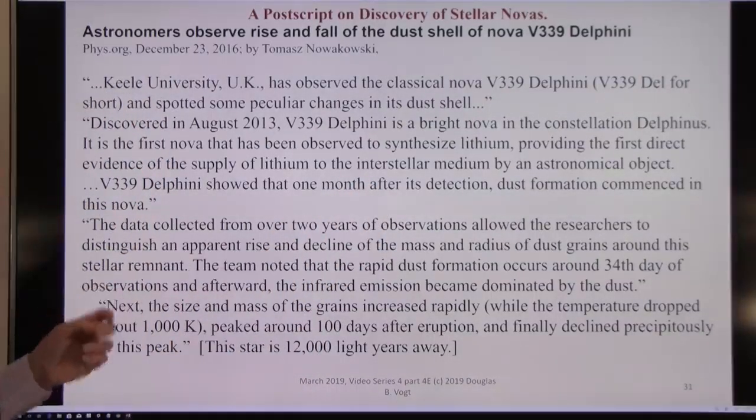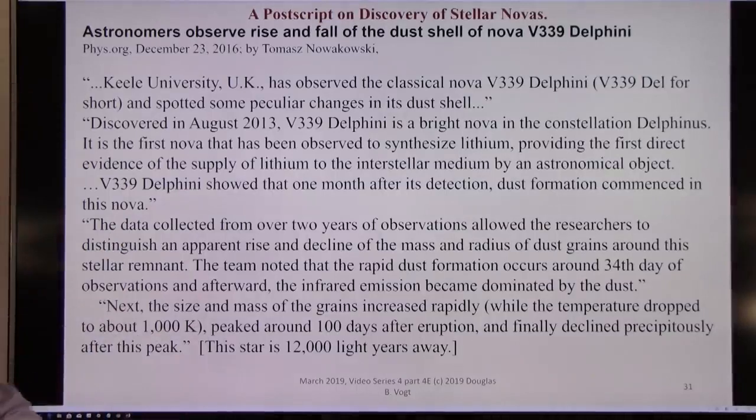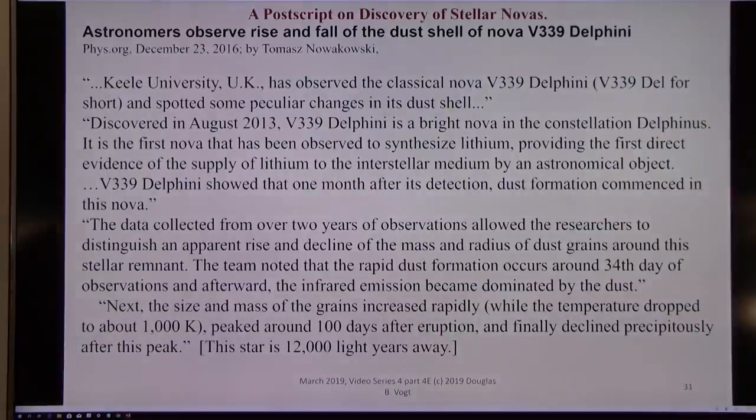So, discovery in August 2013 of V339 Delphinia is a bright nova in the constellation Delphinus. It is the first nova that has been observed to synthesize lithium, providing the first direct evidence of the supply of lithium to the interstellar medium by an astronomical object.